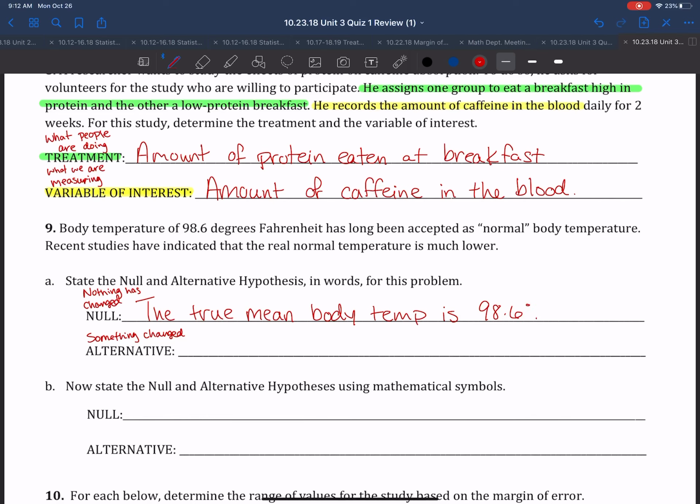And now if we're talking about something that has changed for our alternative, remember it's saying recent studies have indicated that the real normal temperature is much lower. So for the alternative, we can say the true mean body temp is less than 98.6.